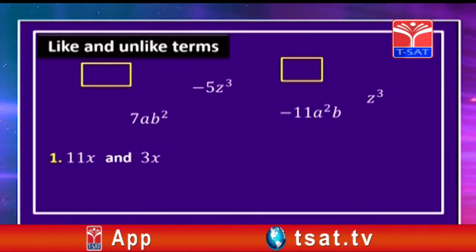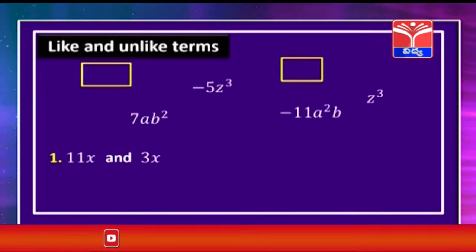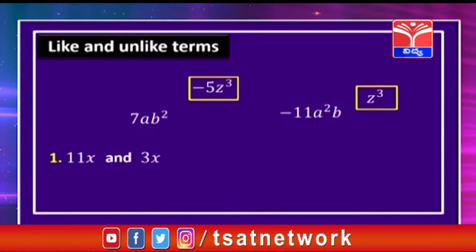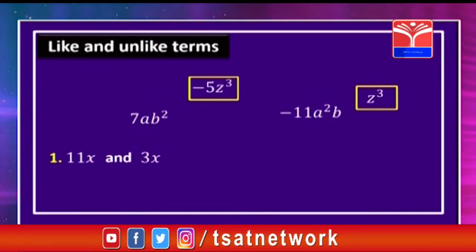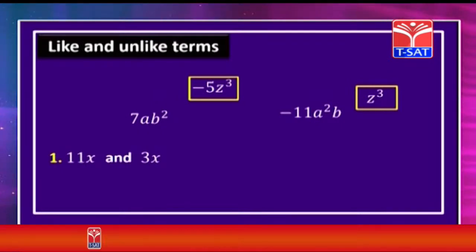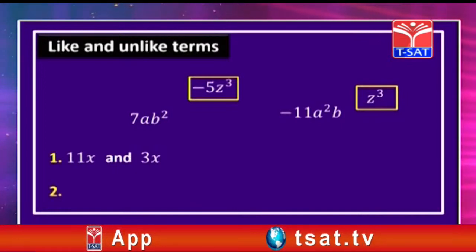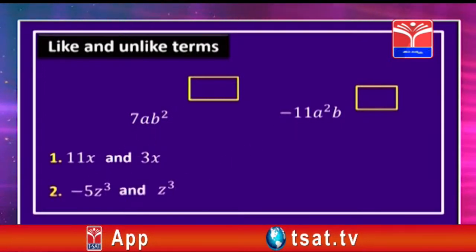Now still, do you find any such pairs, children, where there is the same variable with the same power? Yes. If you notice, minus 5z cube and z cube both have the same variable with the same power, isn't it? So I'll mark it as a separate one again, these two.